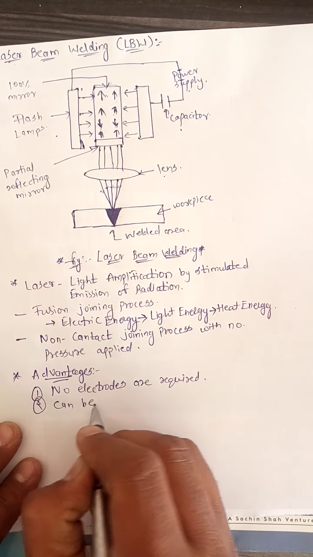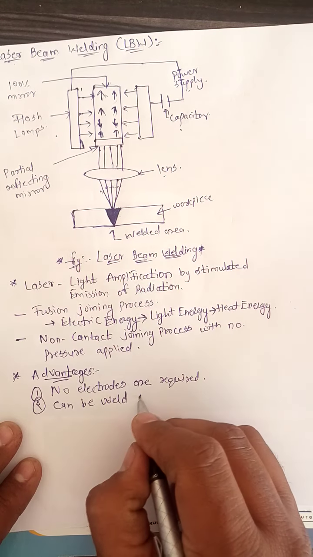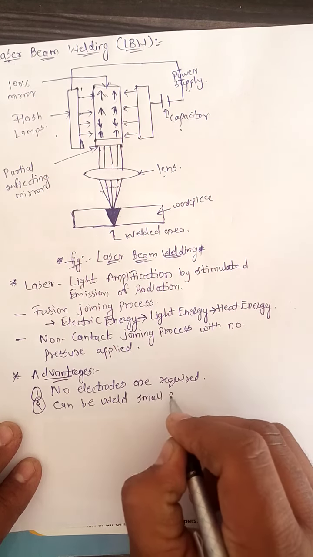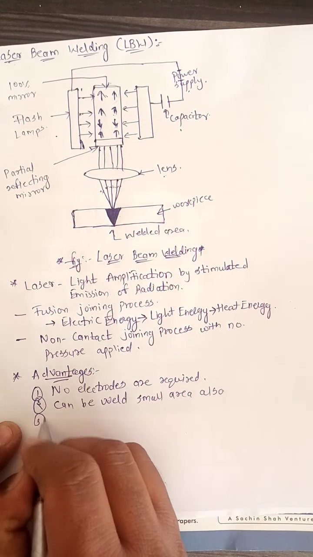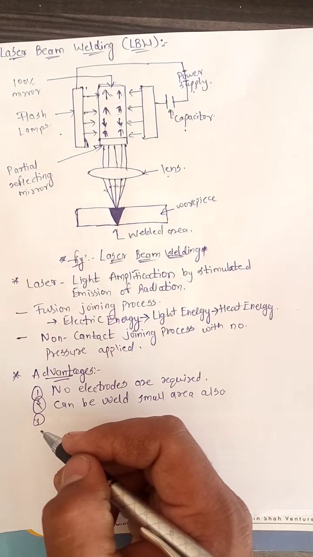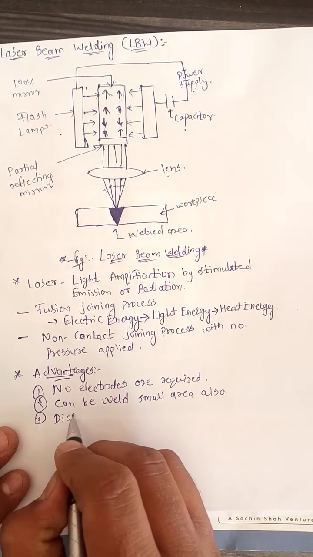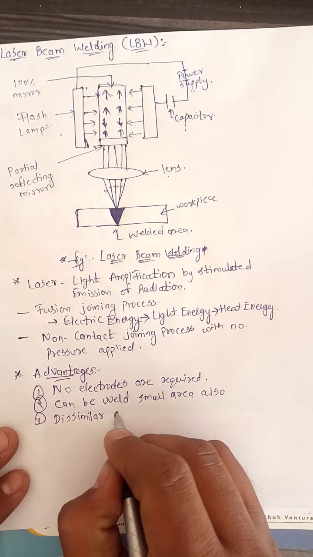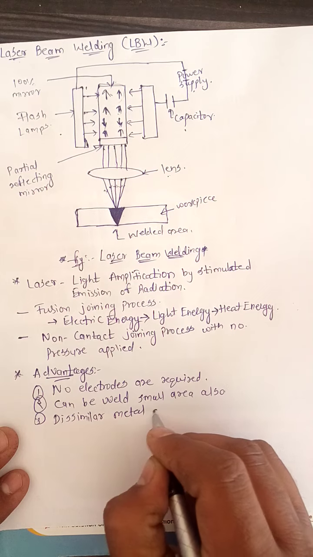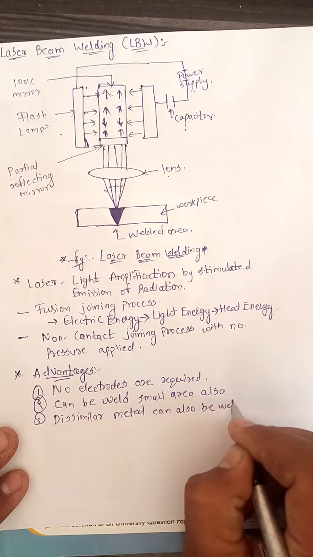A small area can also be welded in this laser beam welding process. Okay, dissimilar metals can also be welded.